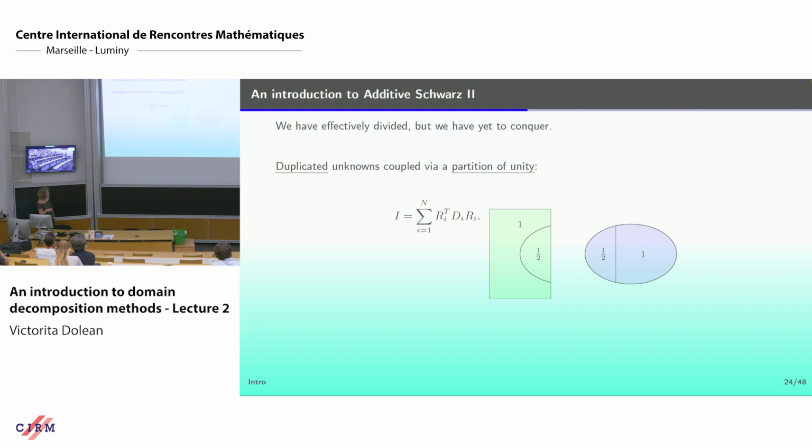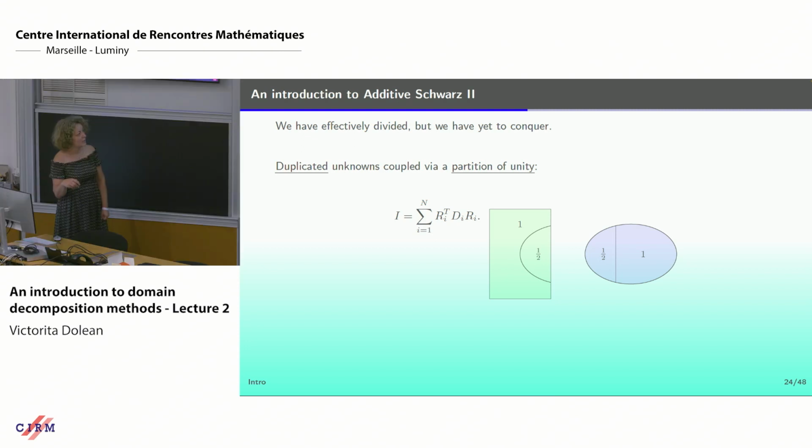Here I just put 1/2, because if you have one unknown that belongs to two domains, you can imagine that this partition of unity contains 1/2 on the diagonal. After having computed the local contributions, you apply the partition of unity, you extend, and you have reconstructed here the global solution.